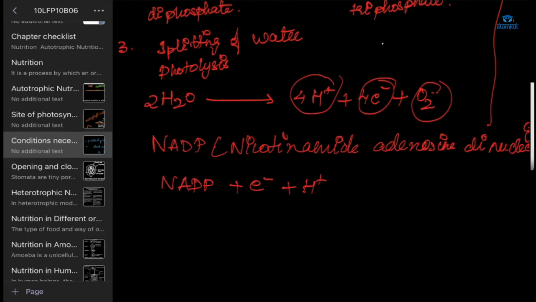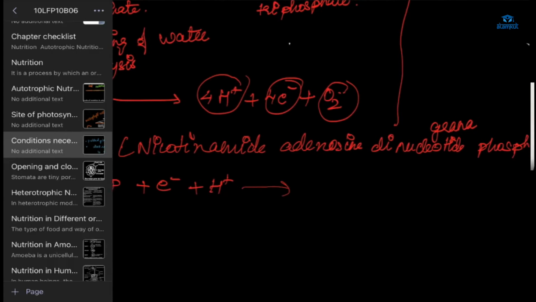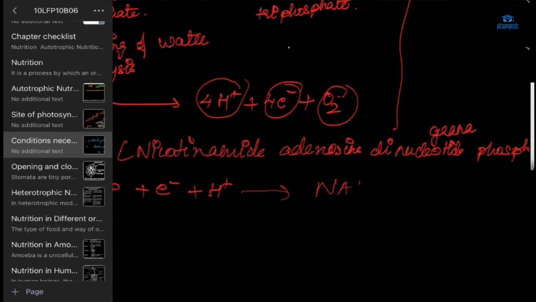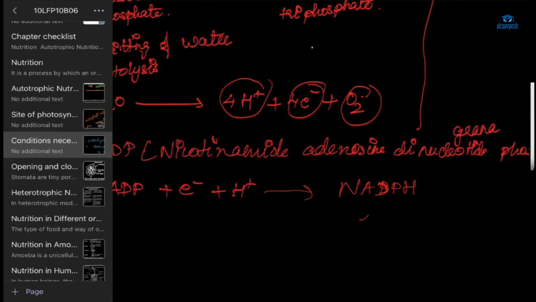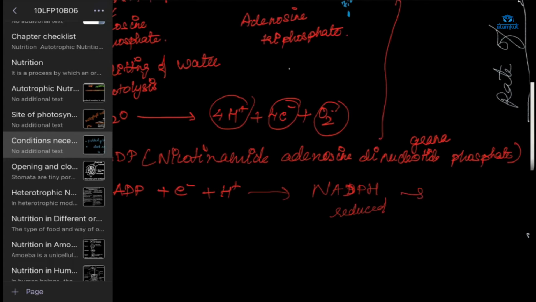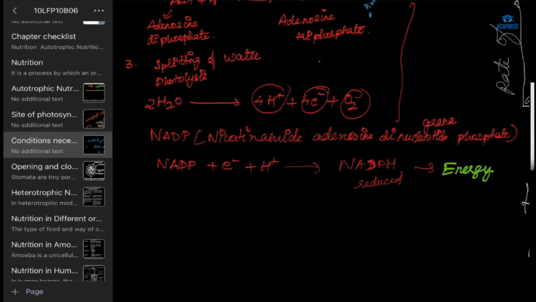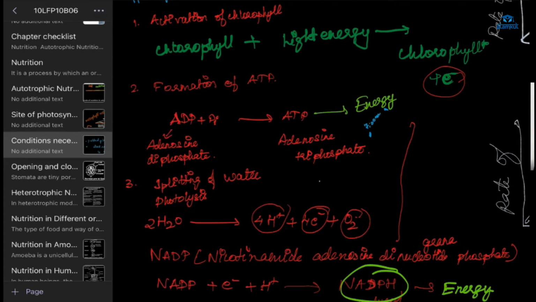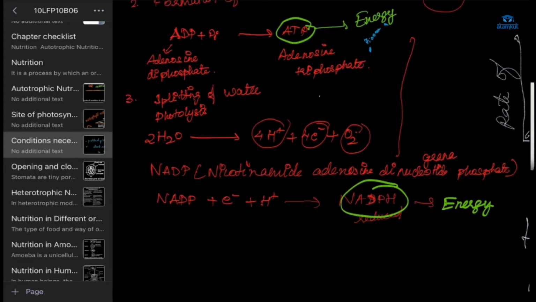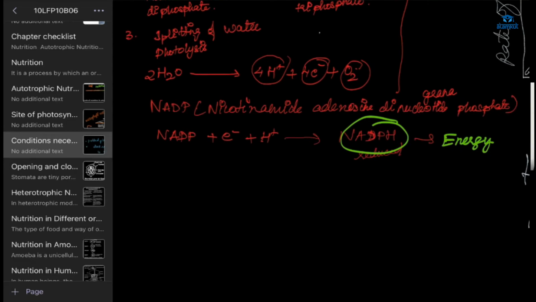From the photolysis, NADP will pick up this hydrogen and this energy electron. We'll get NADPH. This is the reduced form. This is a form of energy, and here also a form of energy. This is chemical energy. What happened here? The light energy is getting converted into chemical energy, right? Understood? Navya? Yes. Safiya? Yes, ma'am. Okay.